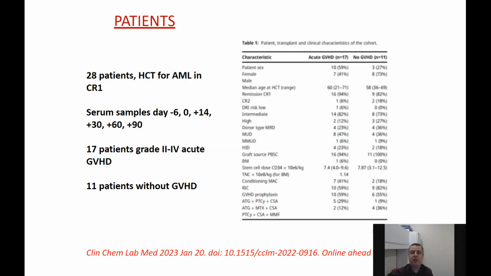We preemptively collected samples from day -6, day 0, and different time points post-transplant. And we investigated 17 patients that had developed grade 2 to 4 acute GVHD and compared them with 11 patients without graft-versus-host disease. And here's just a snapshot of the two patient populations involved in the study.